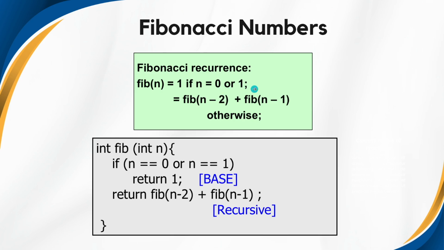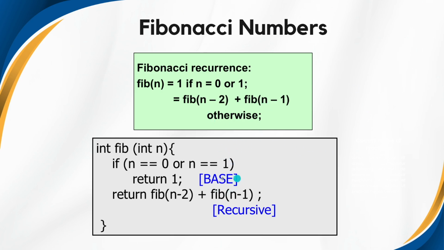Let us now consider the other example, which is the Fibonacci sequence. As I said before, in a Fibonacci sequence, the first 2 terms are 1. So, when n is 0 as well as when n is 1, fib of n should return a value of 1. For all other values of n, fib of n is going to be fib of n minus 2 plus fib of n minus 1. So, this is the problem statement.